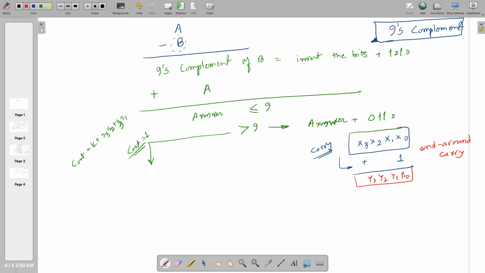Right? And this is the final answer if carry equal to 1. But if carry equal to 0, then I know that the answer is negative. And in that case, I need to take the 9's complement of x3, x2, x1, x0 with a minus sign.